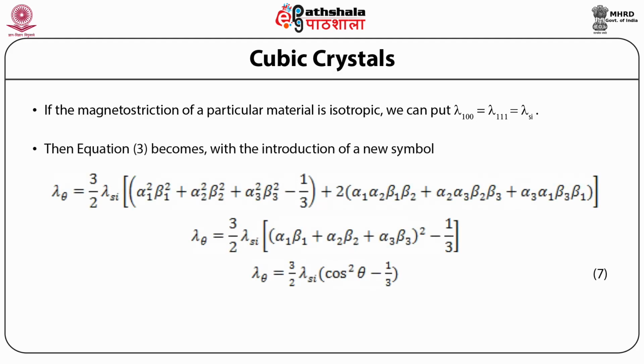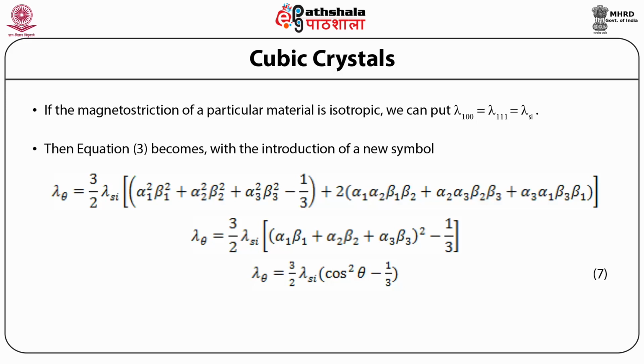Then equation 3 becomes, with the introduction of a new symbol, lambda theta equals 3 by 2 lambda s times [alpha 1 square beta 1 square plus alpha 2 square beta 2 square plus alpha 3 square beta 3 square minus 1 by 3] plus 2 times [alpha 1 alpha 2 beta 1 beta 2 plus alpha 2 alpha 3 beta 2 beta 3 plus alpha 3 alpha 1 beta 3 beta 1], or lambda theta equals 3 by 2 lambda s times [(alpha 1 beta 1 plus alpha 2 beta 2 plus alpha 3 beta 3) whole square minus 1 by 3], which is equal to 3 by 2 lambda s times [cos square theta minus 1 by 3].